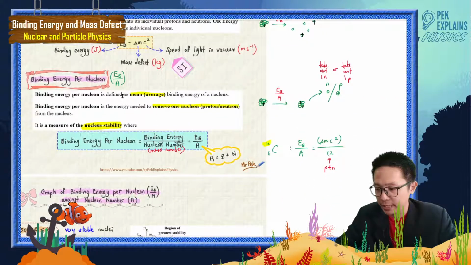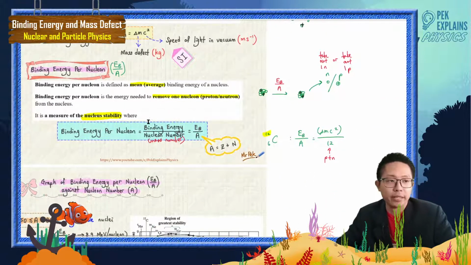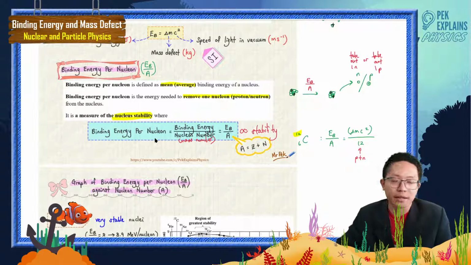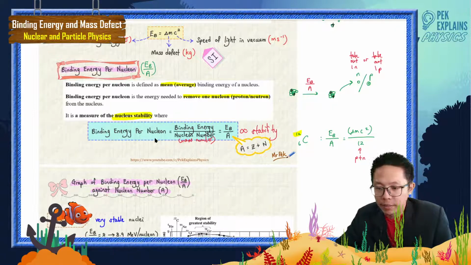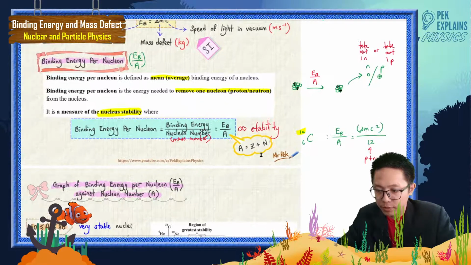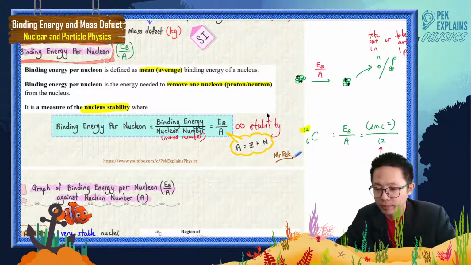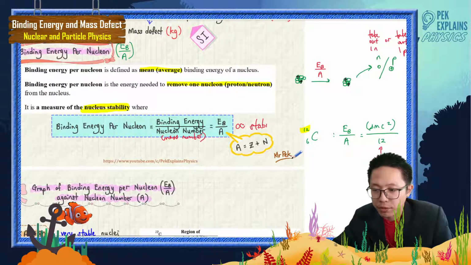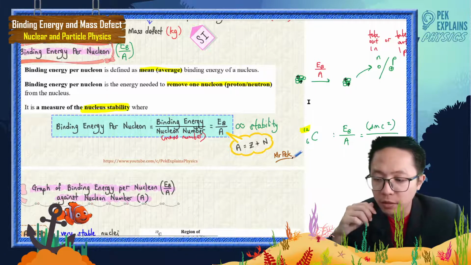We can say this binding energy per nucleon is proportional to the stability of the nucleus. Let me write again: it is proportional to the stability of the nucleus. Maybe I should use another color. Just use green. Yeah, stability of nucleus.